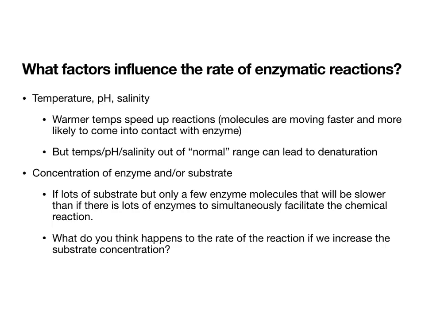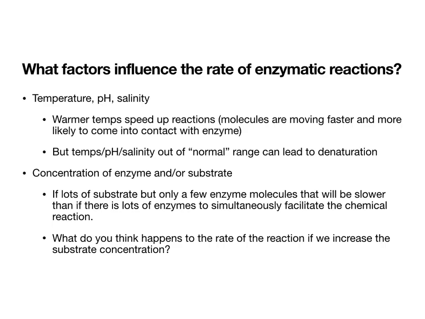Hurricanes are not going to develop because they can't form, because they don't have that increased energy from the warm water. But temperature, pH, salinity out of the normal range can also lead to denaturation. So we have that fine line of what is too warm, what is too cold, what if the pH is too high, too low. It needs to stay at that perfect level to create that enzyme reaction.